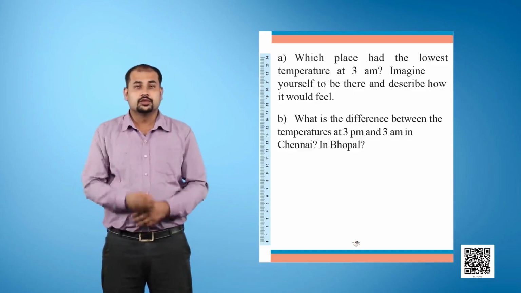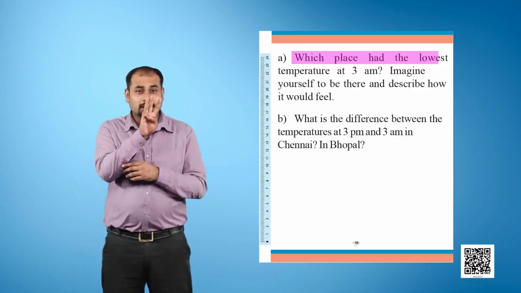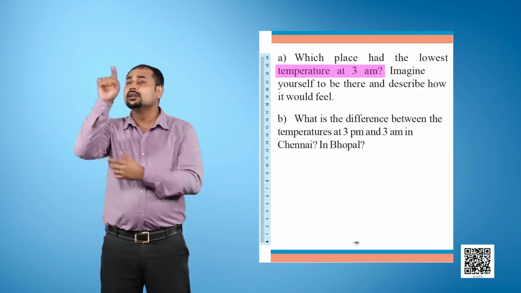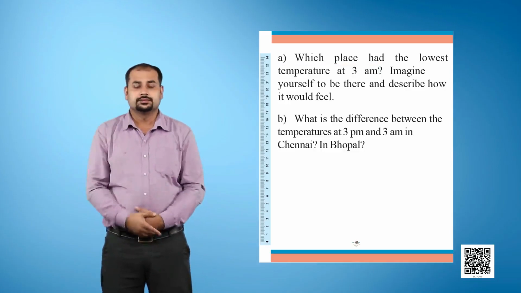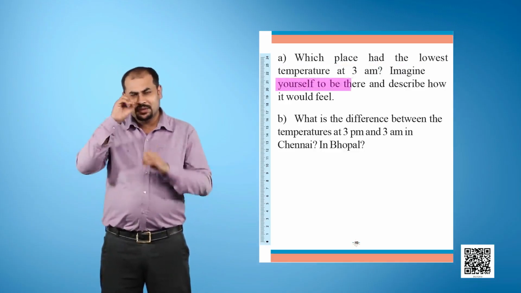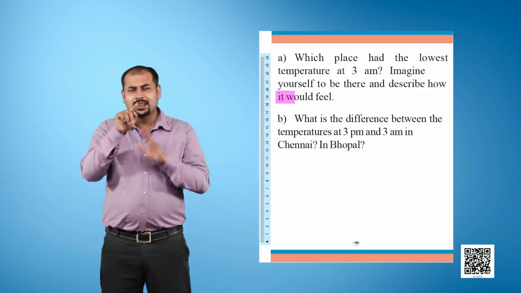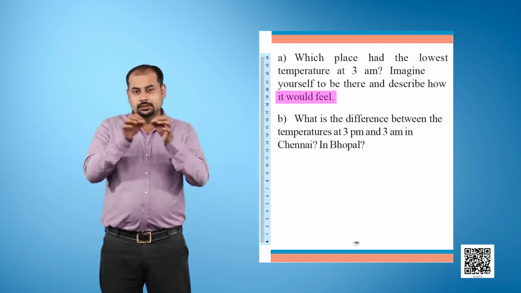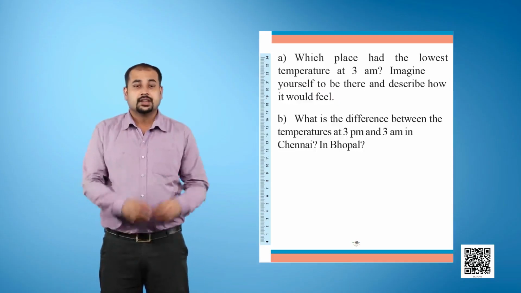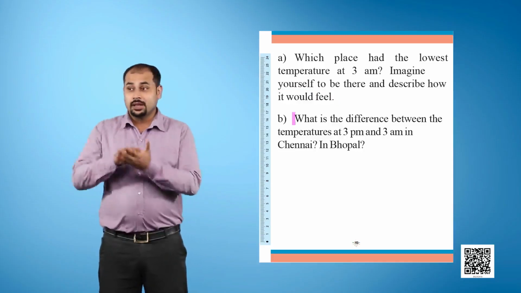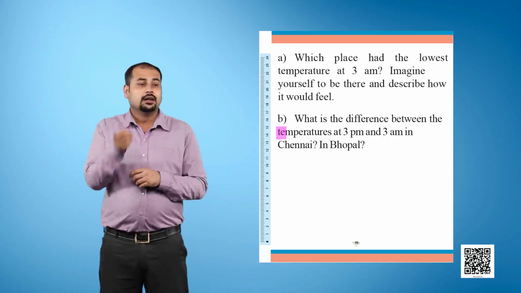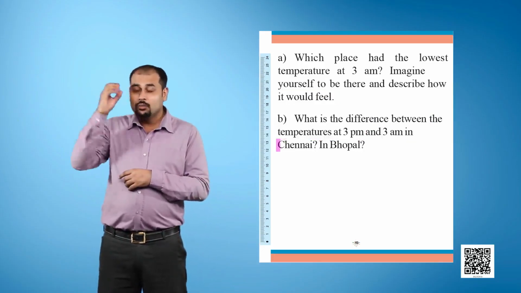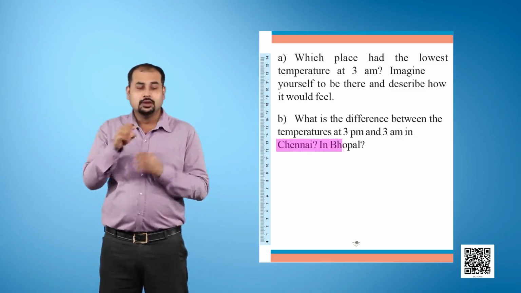A. Which place had the lowest temperature at 3 a.m.? Imagine yourself to be there and describe how it would feel. B. What is the difference between the temperatures at 3 p.m. and 3 a.m. in Chennai, in Bhopal?